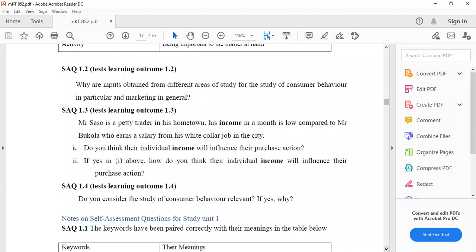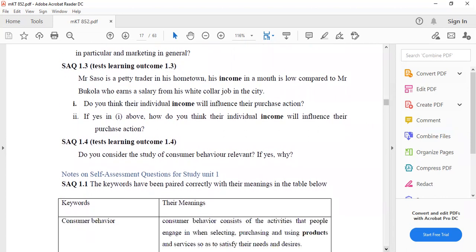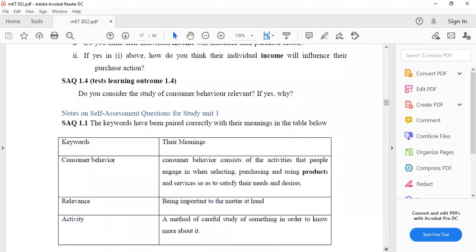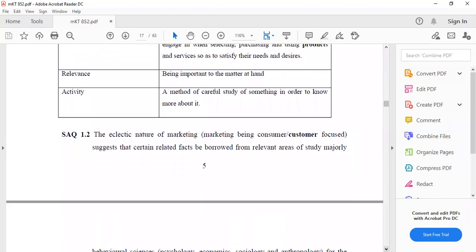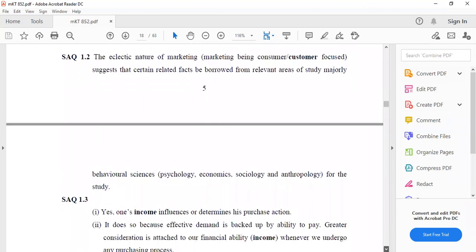Okay, we will go ahead to draw a distinction between individual/household and industrial organizational buyer behavior. I had earlier mentioned that in as much as individuals make purchases, organizations also make purchases.